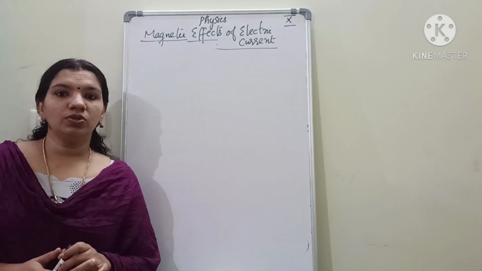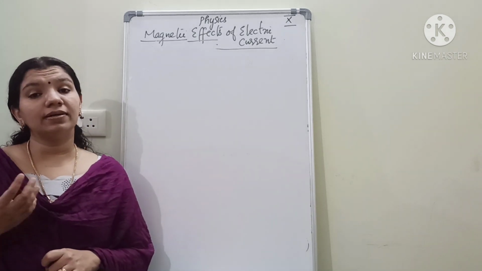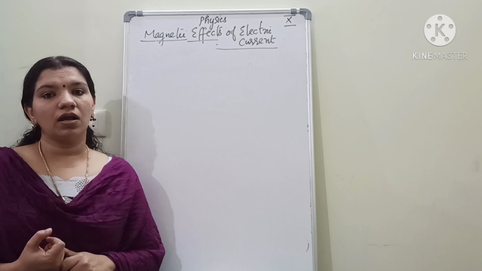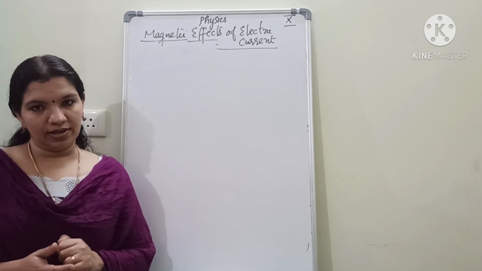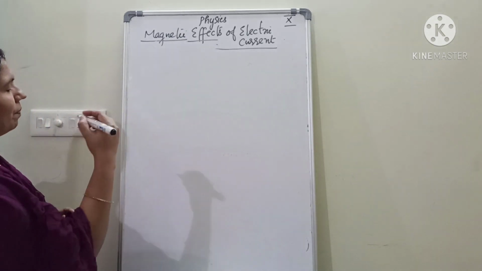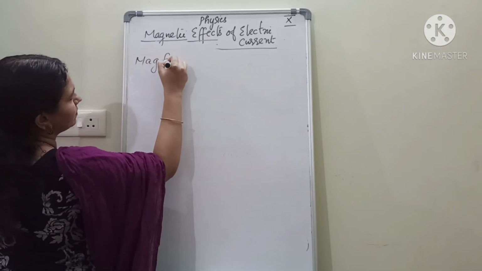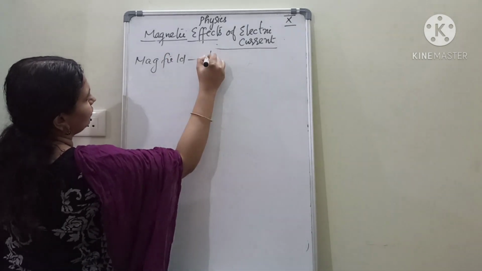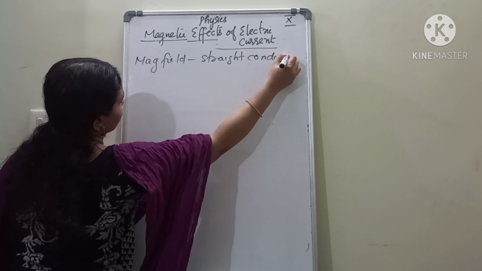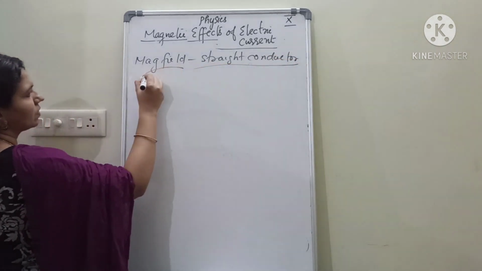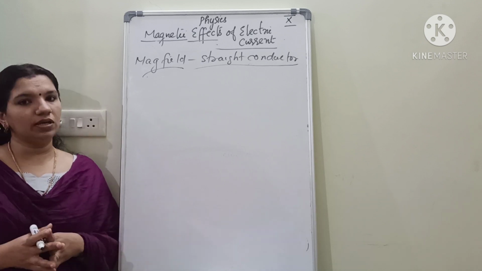So let us move to the activity to find how the magnetic field lines are occupied around a straight current carrying conductor. Okay. So our topic is magnetic field for a straight conductor. For doing this activity, what all things we need?